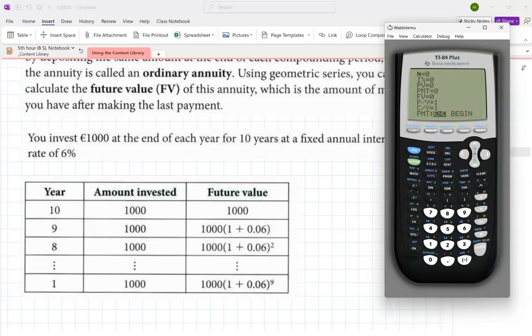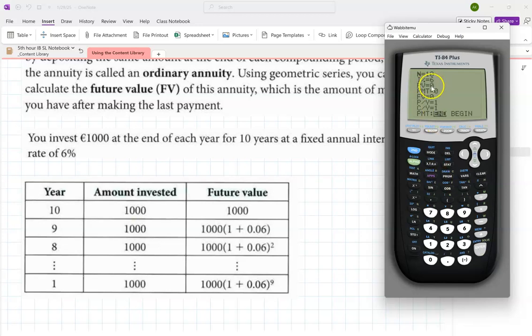So like in this example here, the N is going to be the number of years, so make that 10. The I is going to be the interest rate as a percentage. Notice the percentage symbol, so don't convert it to a decimal.